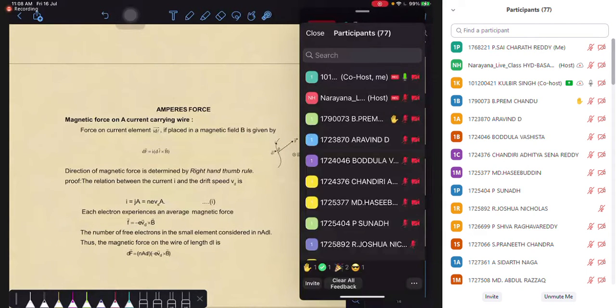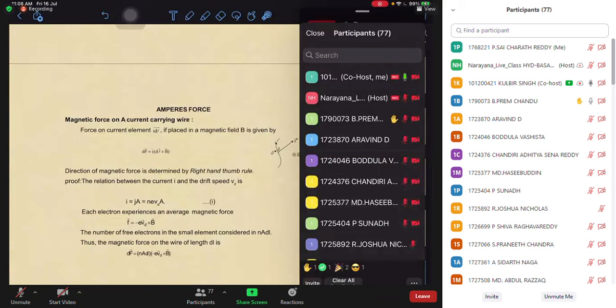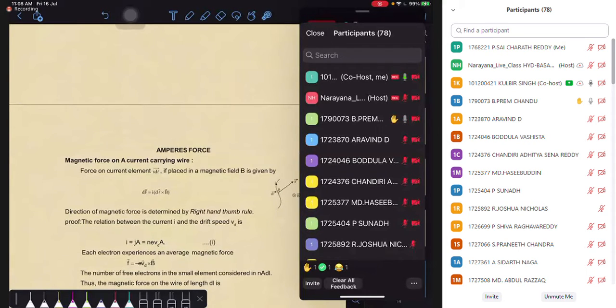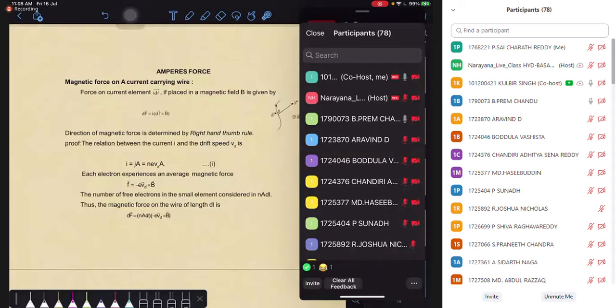Class ends at what time, sir? Today the timing is changed. It is 10:15 to 12:45. Daily it will be 10:15. I don't know how you are not getting the information.